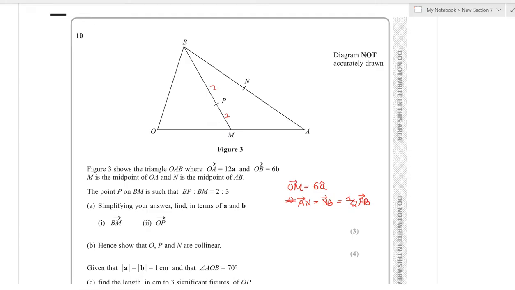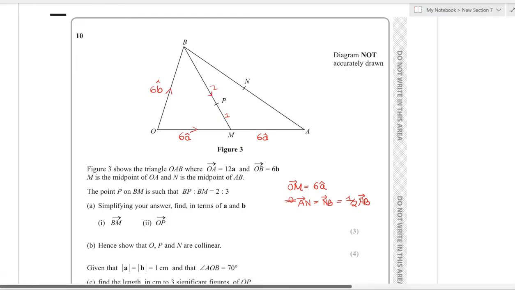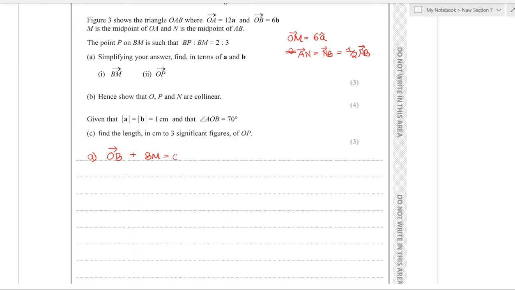So you can easily use the lines OB and OM. The value for OB is 6B and OM is 6A, and again MA is going to be another 6A, and you need to find the value for BM. You can see the equation would be OB plus BM equals OM.